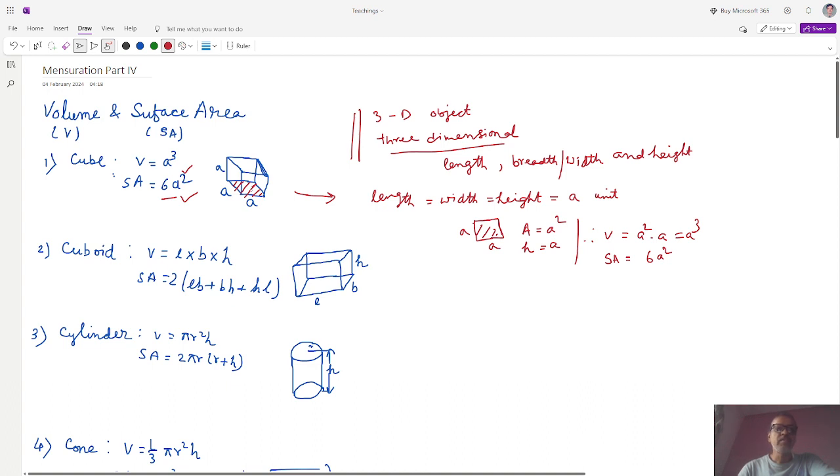Once we understand the type of shape, then we can easily calculate its area. And when we calculate the areas, we can add them, and finally we get the surface area. In this way, for each object, we can calculate the volume and the surface area.